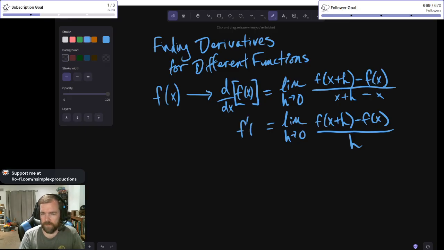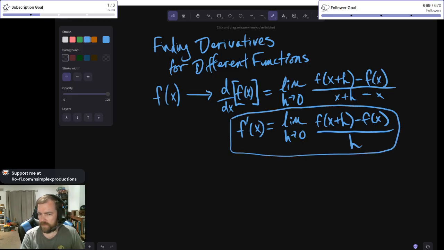Also known as f prime of x, the derivative d dx of f of x, all that good stuff. So different notations, different ways of saying basically the same thing.